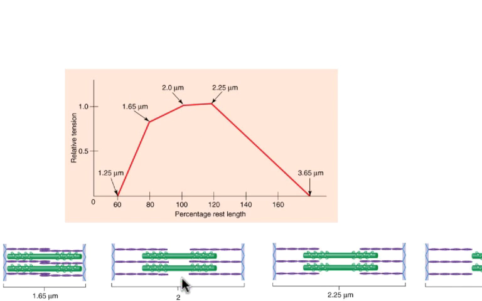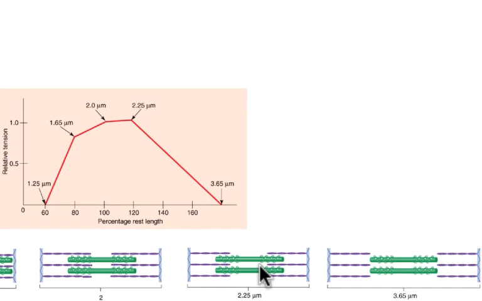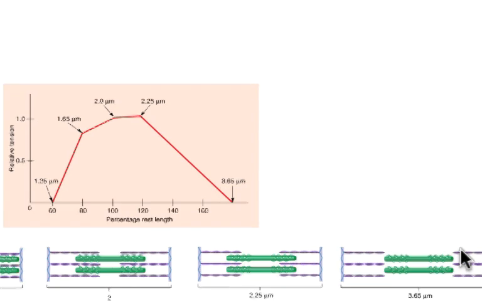If you stretch this sarcomere beyond 2.5, let's say you're going to go all the way to 3.65, at this point there is no attachment between the head of the myosin and actin. As a result, as you can see in this picture, the amount of force that you generate is 0, because if the actin cannot attach to myosin, no force will be generated.